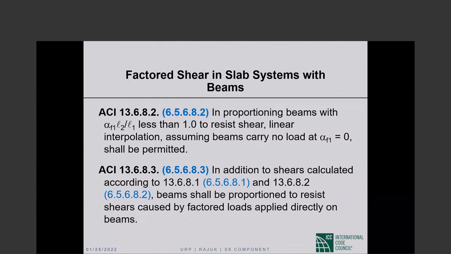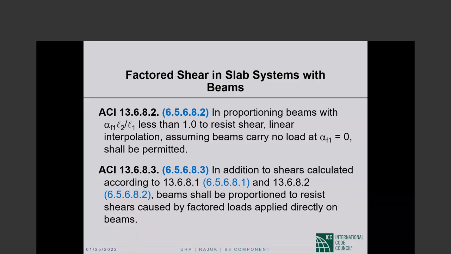So we are very used to flat plates, no beams, and then beam supported slabs where, when we say beam supported slabs, we think of reasonably stiff beams. What if there are beams, but the beams are kind of flimsy? Okay, it's not a flat plate, but the beams supporting our slab panels are not stiff.